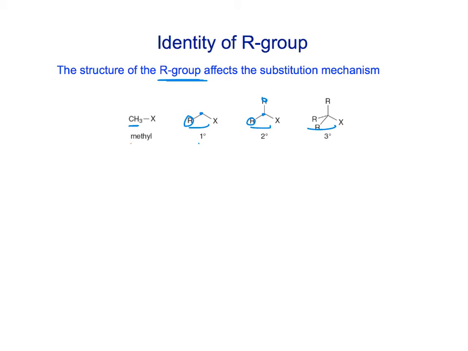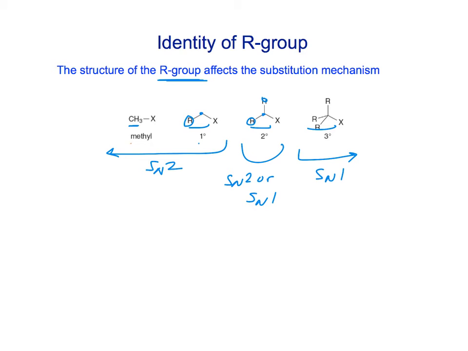If we were to run these reactions, what we would find is that from primary and methyl, we only observe SN2 mechanisms. For tertiary, we only observe SN1 mechanisms. And for secondary, we can observe SN2 or SN1 mechanisms.